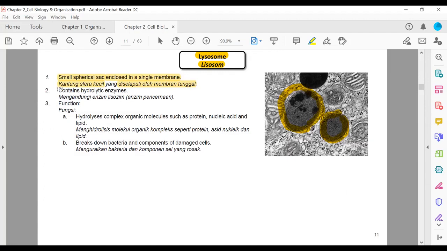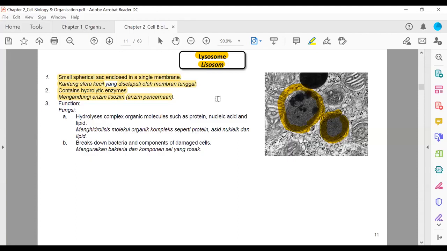Nombor dua ni yang sangat penting ni. Contains hydrolytic enzymes. Mengandungi enzim lisosom, enzim pencernaan. Dalam BI dia kata hydrolytic enzyme, dalam BM dia kata enzim lisosom, enzim pencernaan pula. When I check from the textbook dia macam ni.